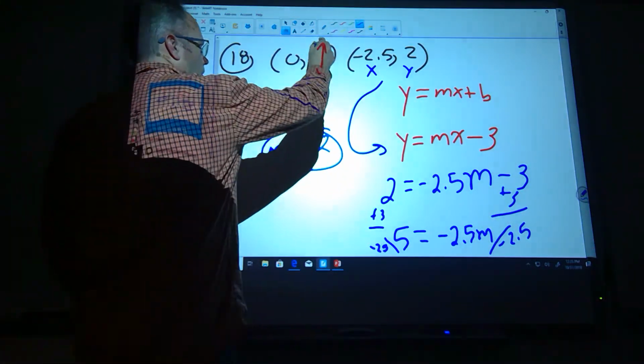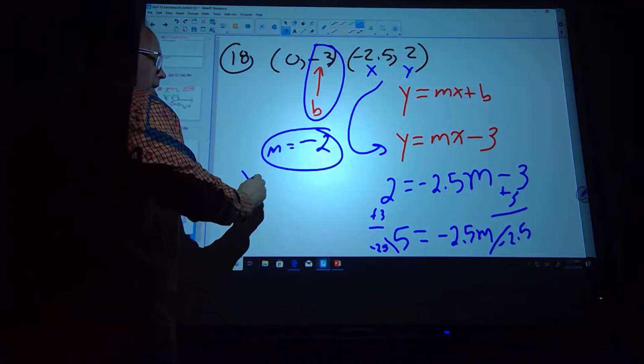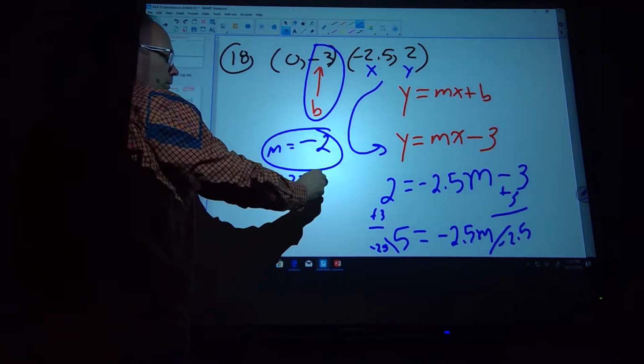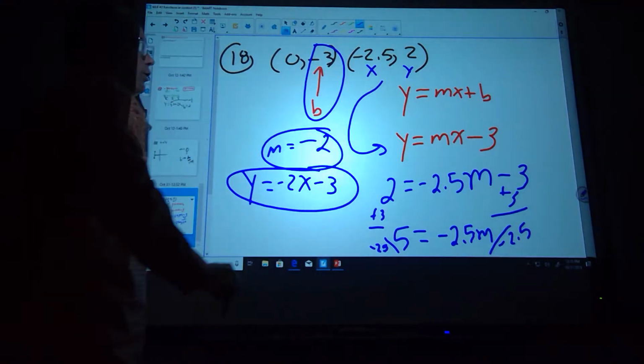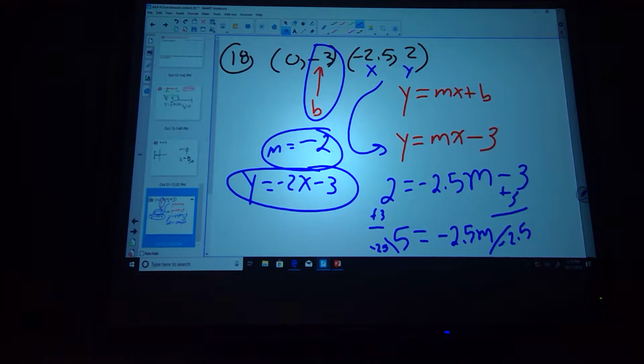Now I know my m value and my b value, so let's plug them back in. This is the linear equation that has a y-intercept of negative 3 and a slope of negative 2. That y equals negative 2x minus 3 contains both the points 0, negative 3, and negative 2.5, comma 2. What else?